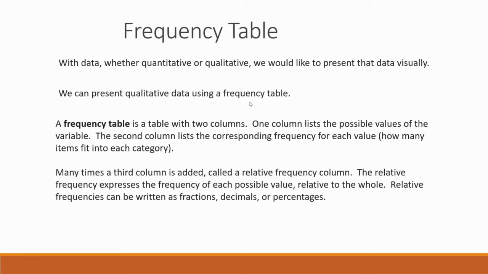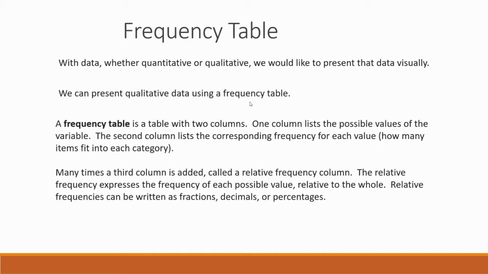So if we had a survey, sent out among students on campus asking their favorite color, we can use a frequency table to display the results. This many people said red, this many said blue, this many said green. That would be a frequency table.